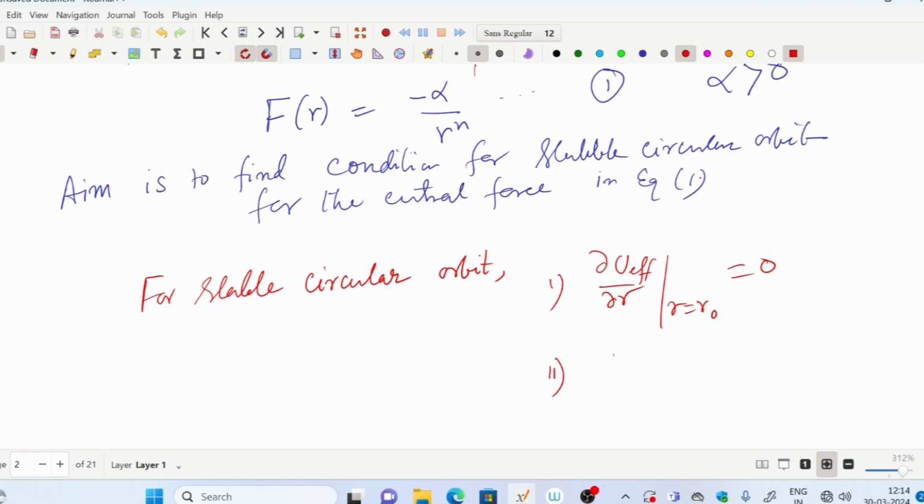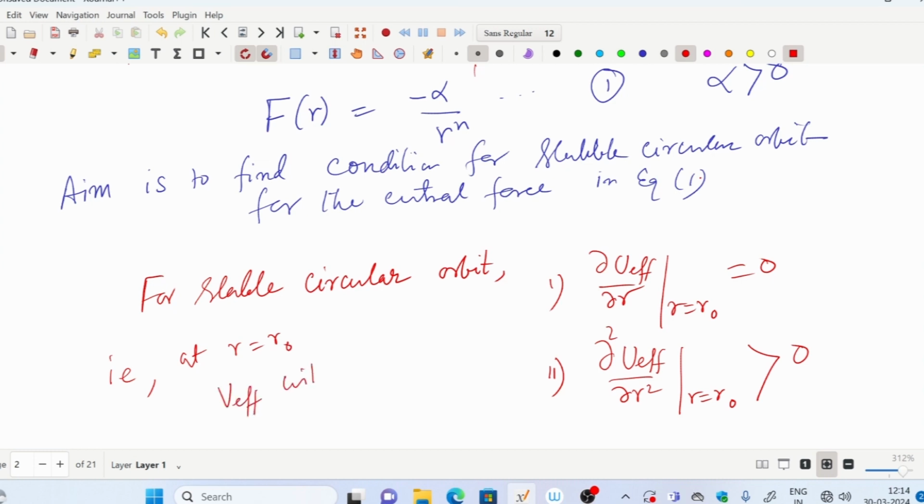Then the second condition: it has to be a true minimum, so del squared U del r squared at the same point r0 should be greater than 0. That means at r equal to r0, U effective will have a true minima to have a stable circular orbit.